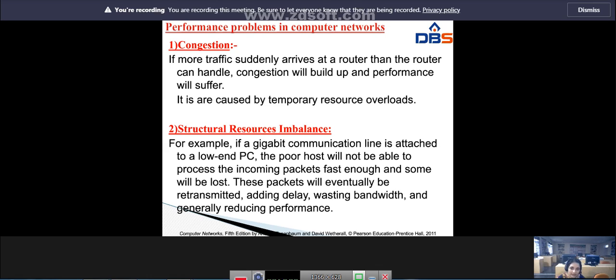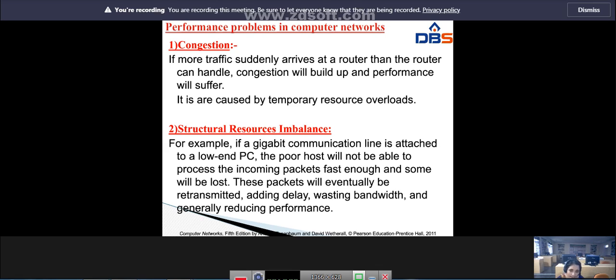The second one is structural resource imbalance. For example, if a gigabit communication line is attached to a low-end personal computer, the poor host will not be able to process the incoming packets fast enough, and some will be lost.